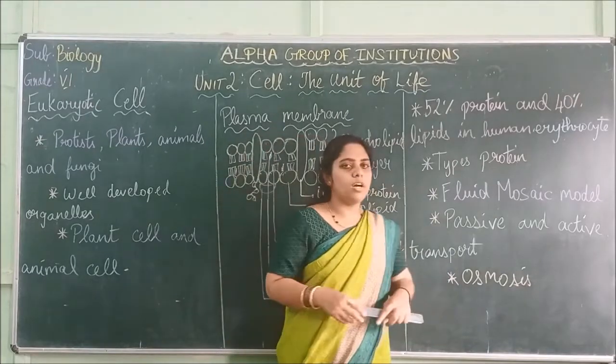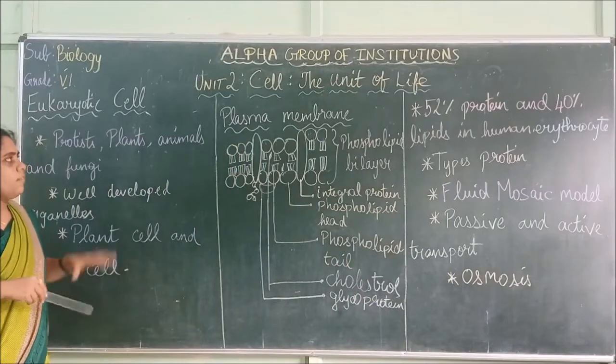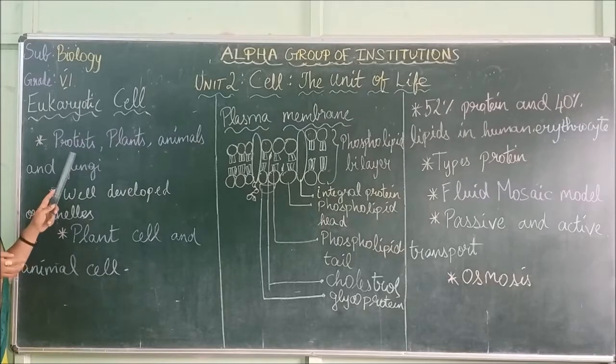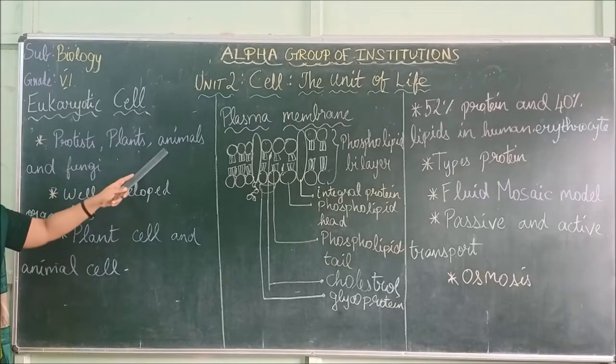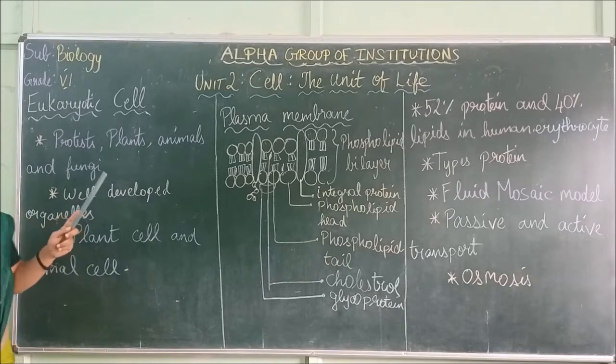Now I will give you a short recap from the first. In this video, we are only looking at eukaryotic cells. These eukaryotic cells are present in protists, fungi and algae, all these are protists. So protists, plants, animals, even human beings, we also have the eukaryotic cell only.